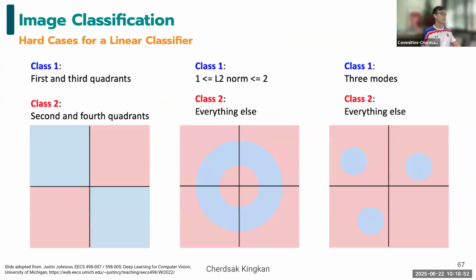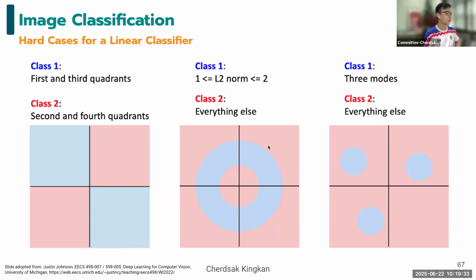Okay. So there are hard cases that a linear classifier cannot handle. These are three examples where a linear classifier cannot distinguish or predict the class. For example, if we have class one in the first and third quadrants, and the second class in the second and fourth quadrants, we will not be able to find a linear equation that separates the two classes.